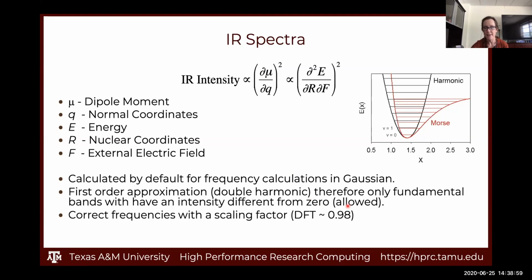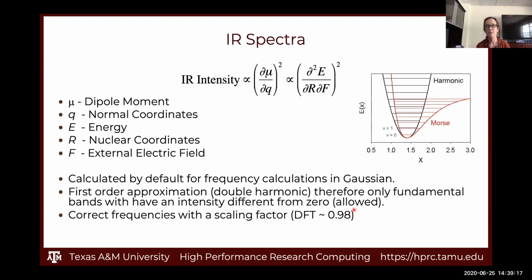There's not a single scaling factor to use. It really depends on your system of interest. You have your experimental spectra, you have your calculated spectra, and you multiply the frequencies by a single scaling factor.